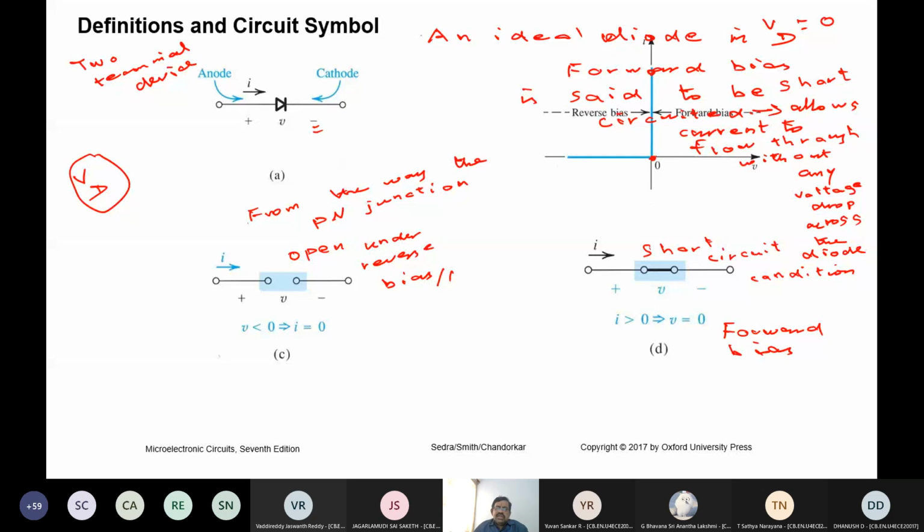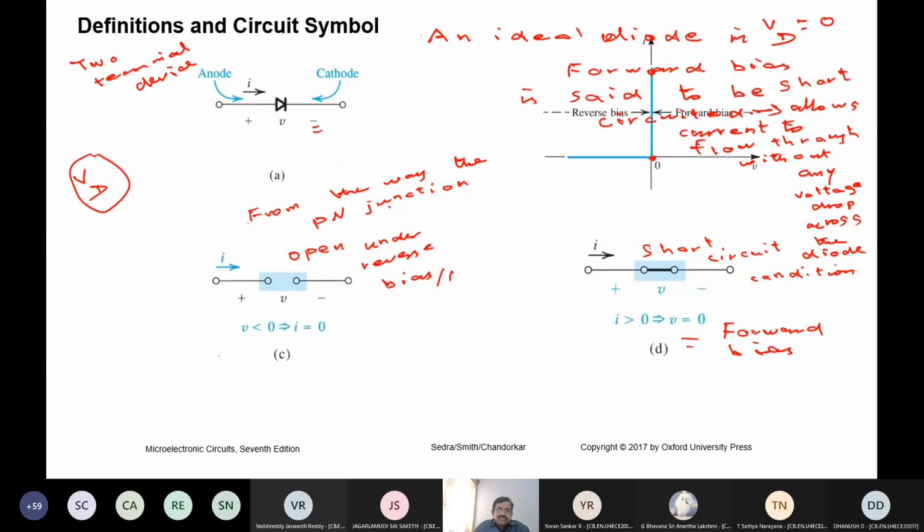When we come to the transistor, we will encounter a three terminal device, for example, emitter, base, collector. Here it is only cathode and anode. So the take home message in this slide is that it's a two terminal device. The diode conducts when it is under forward bias, allowing the current to pass through without any voltage drop across it. So therefore V equals 0.